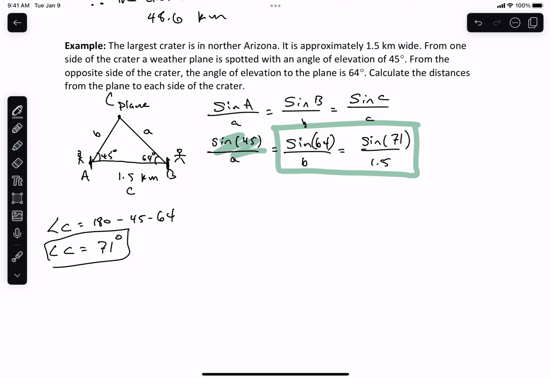So I'm looking for B. To find it, I can do what is called cross multiplying, and I would get 1.5 times sine 64 has to equal B sine 71.